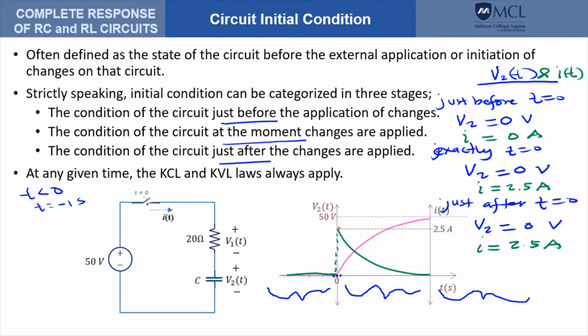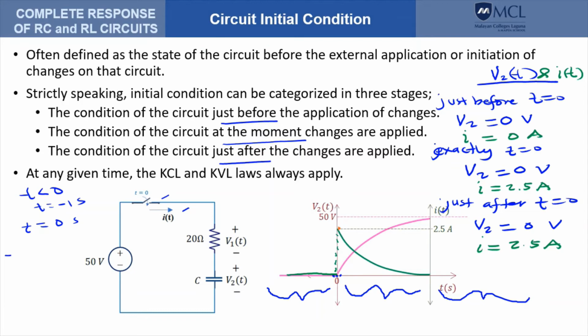Well, our switch is open, so we don't have a complete circuit, so we couldn't write an equation involving the current I. Now let's say t equals exactly 0 seconds. So the circuit is complete. We could write our equation.